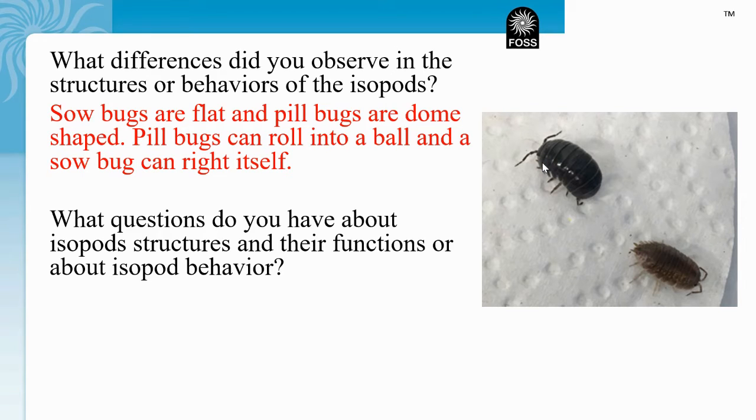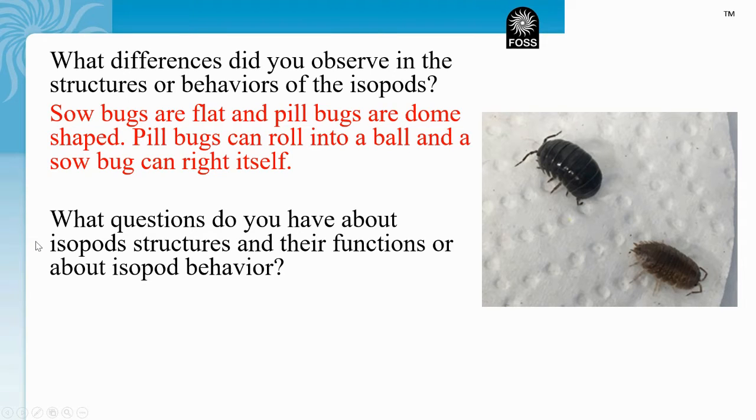Pill bugs can roll into a ball, and a sow bug can right itself. Do you remember what it means to right itself? It's when it uses its powerful antennae that it normally uses for sense to help flip itself over if it gets turned on its back. A pill bug cannot do that. All right, great answers, great answers.